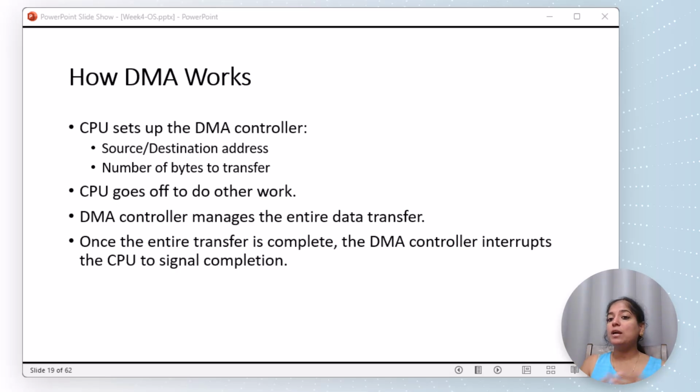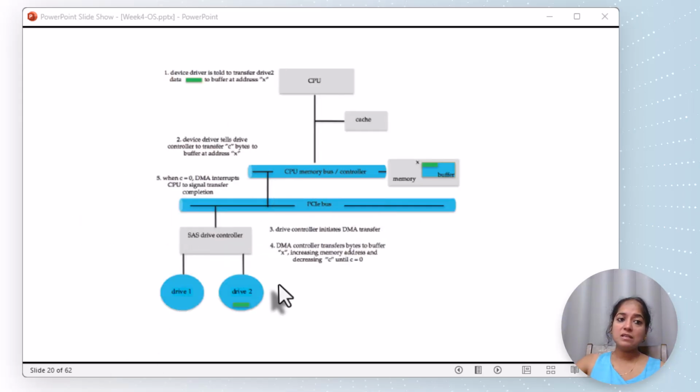Then the DMA controller takes over and manages the transfer. The CPU continues with its task. Once done, the DMA controller interrupts the CPU to signal completion. It is like copying a disk block to memory without using CPU cycles for each byte. This is the chart of how it works.